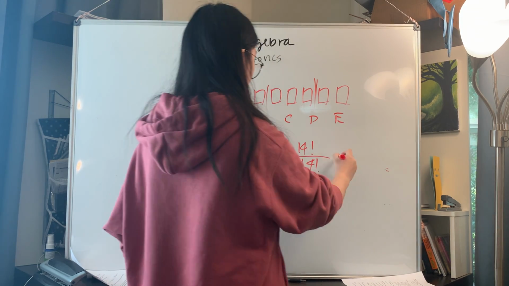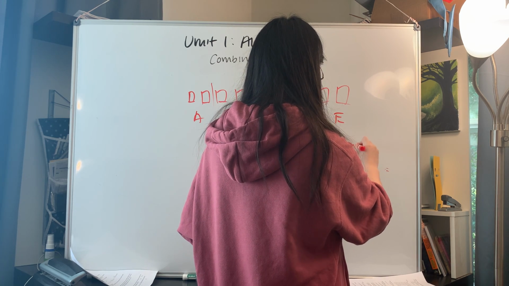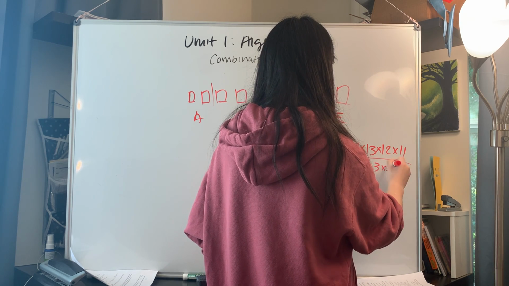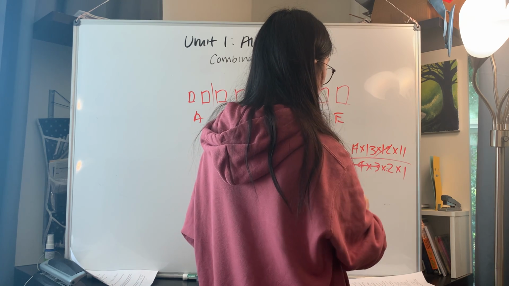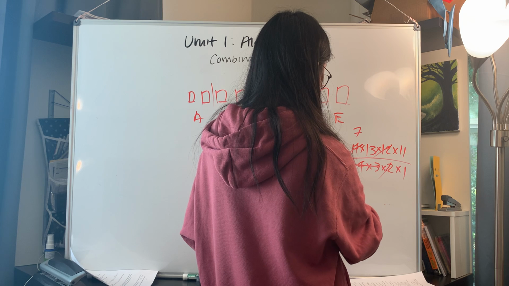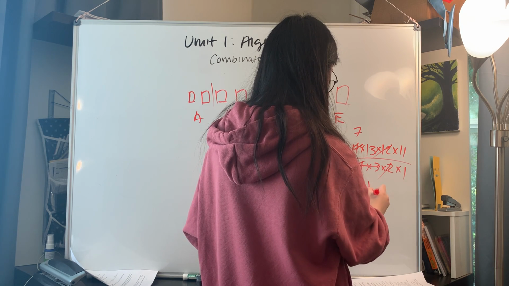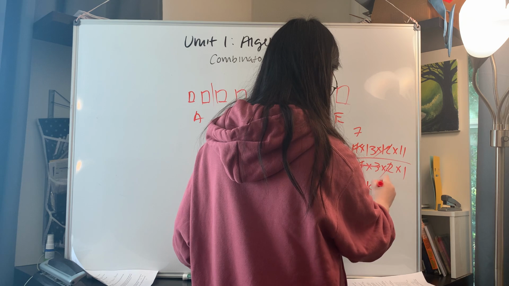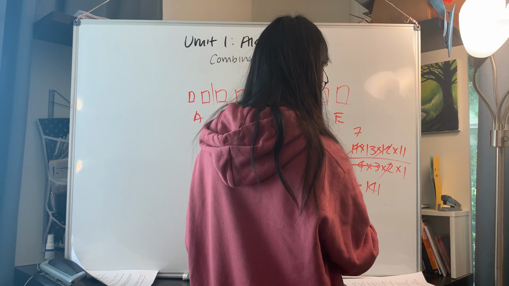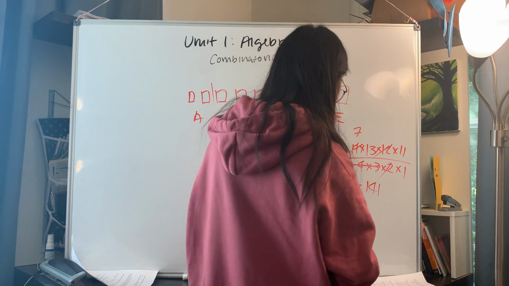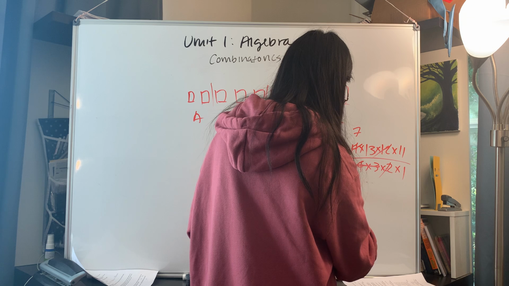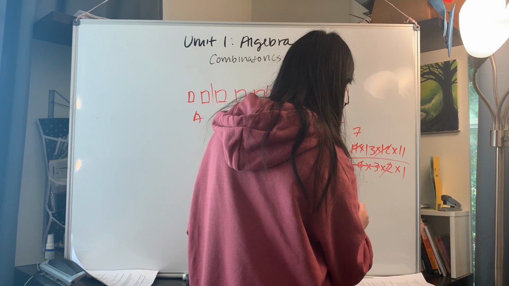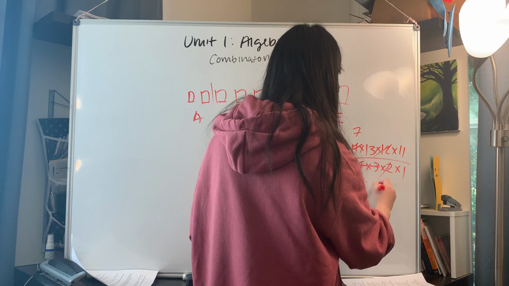That is equal to 14 times 13 times 12 times 11 divided by 4 times 3 times 2 times 1. 4 times 3 is equal to 12, and divide by 2, that's equal to 7. 13 times 11 is equal to 143.